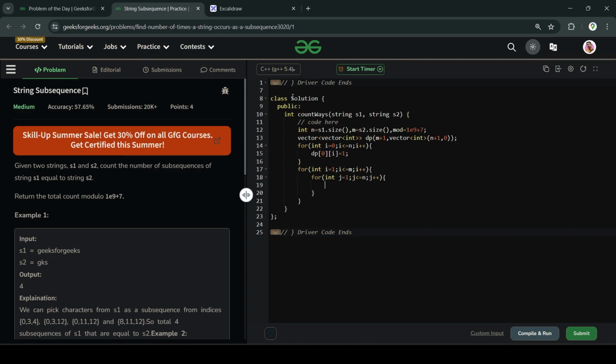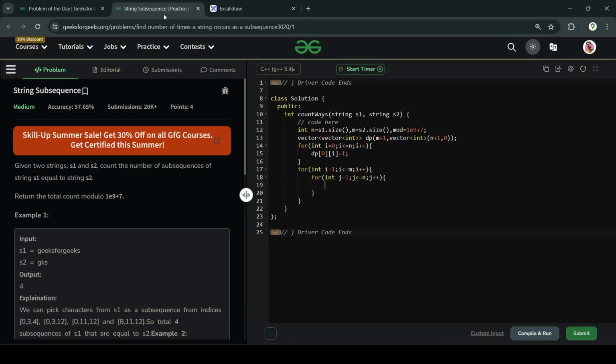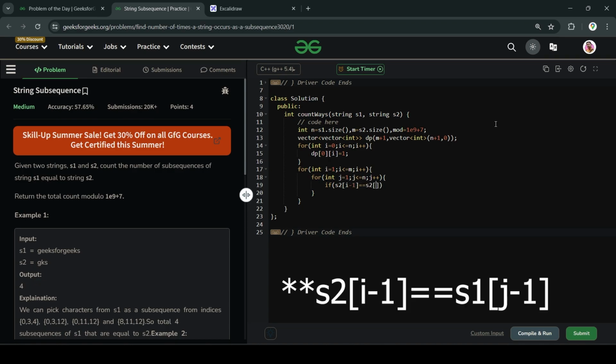Okay. So now if the values are matching, then we have to check for the previous two values. That is, let us check s2 of i minus 1 equal to s1 of j minus 1. Why i minus 1, j minus 1?